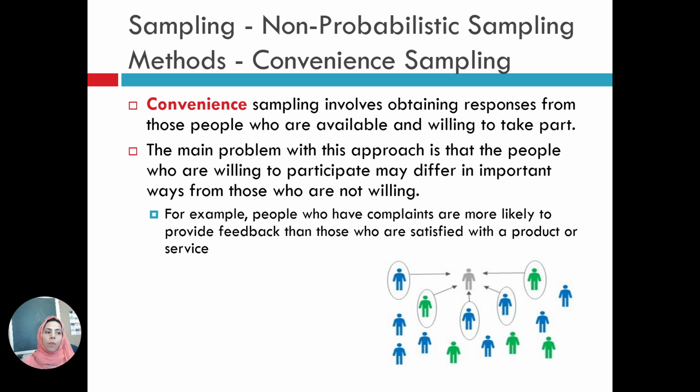Yes, they will be more likely to provide feedback on my survey about my course, right? As compared to those who are more satisfied. And as a result, the inference I draw from this is that the majority of the people are complaining. However, what I haven't done in this case is draw a representative sample. So those people who had something good to say, who didn't complain, or who really liked the course, they did not become part of my sample.